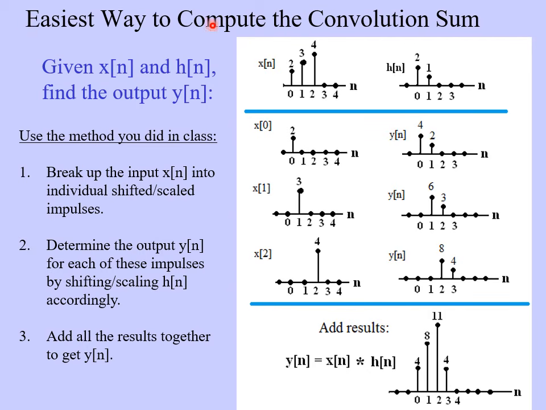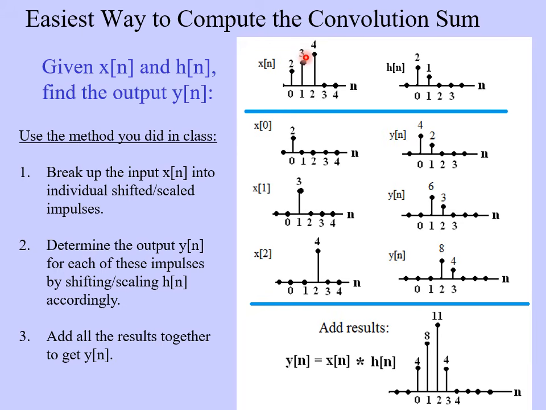So again, we did this example, so I'm not going to go into it in great detail again, but let's say you're given an input sequence x of n, and you're given the impulse response h of n, which is shown here. So your goal obviously is to find the output of the system for this input.